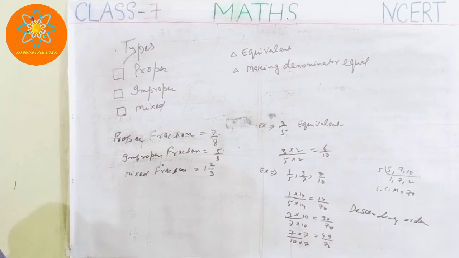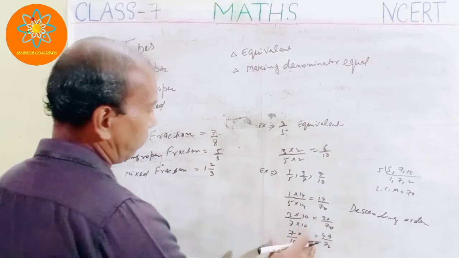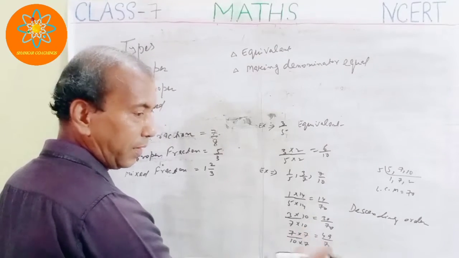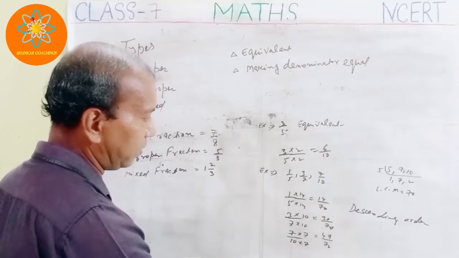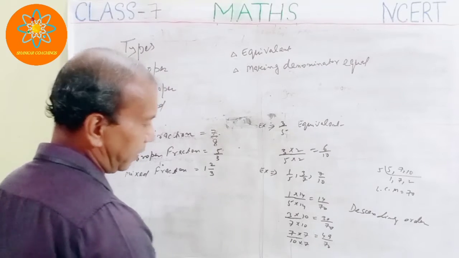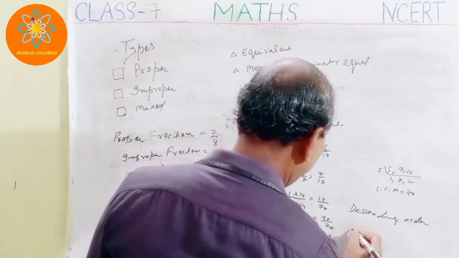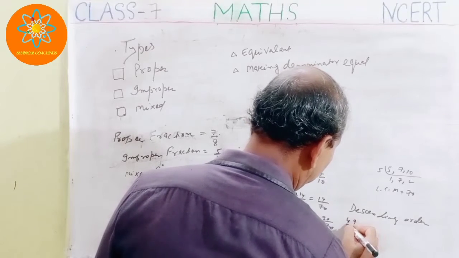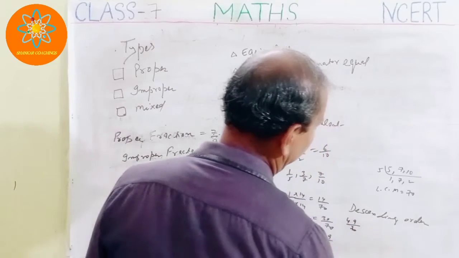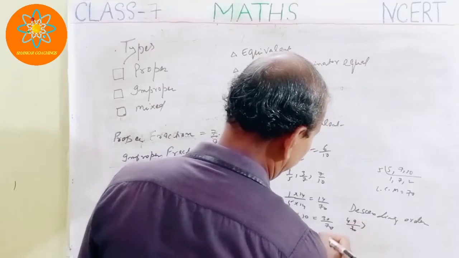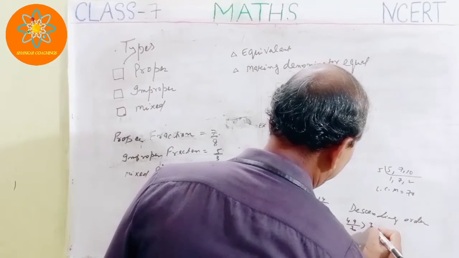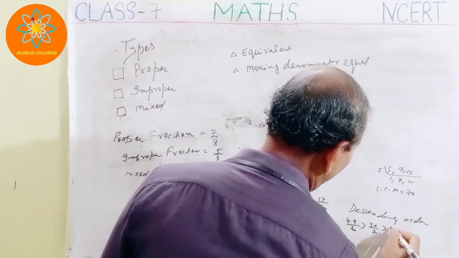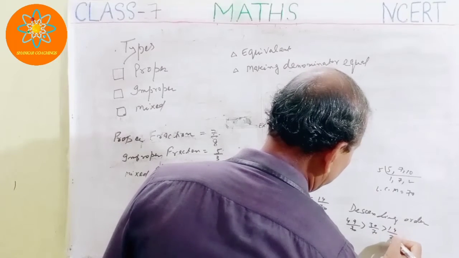Descending means the first one is greater, then the second one is lesser than that, then the third one is lesser than that. So in descending order, I can write it like this: 49 by 70, and after this 30 by 70, and lastly 14 by 70.